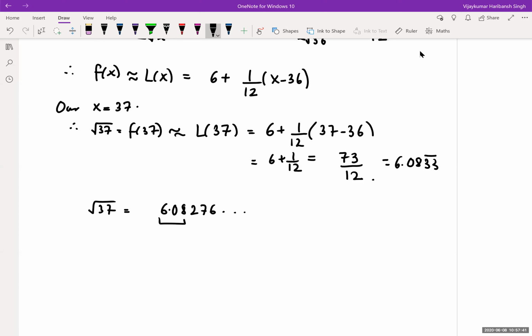So we are accurate up to 2 decimal places. That is pretty neat. Later on, we will use concavity to see whether our approximation is an overestimate or an underestimate.